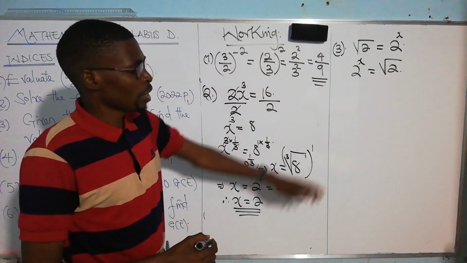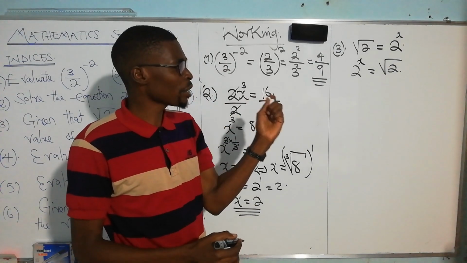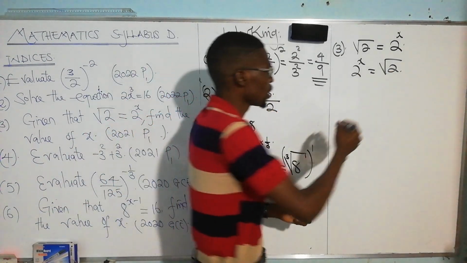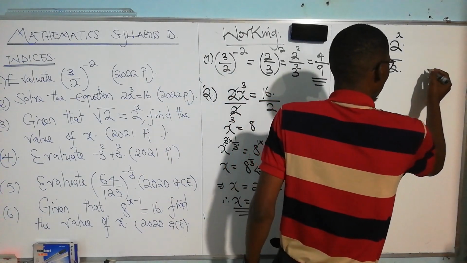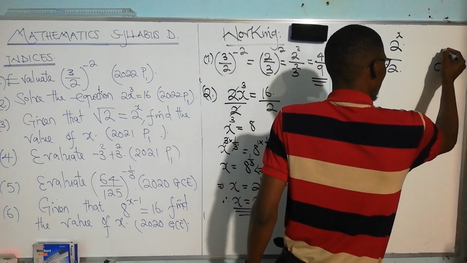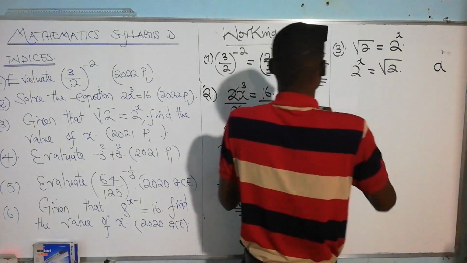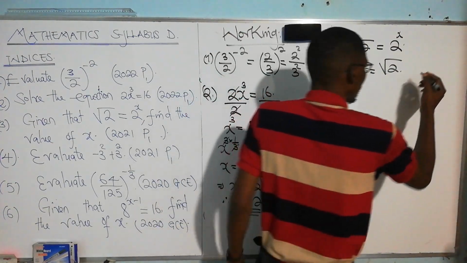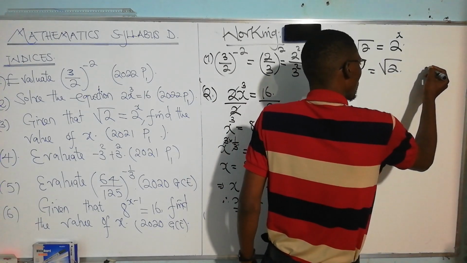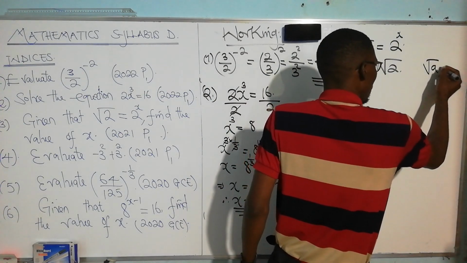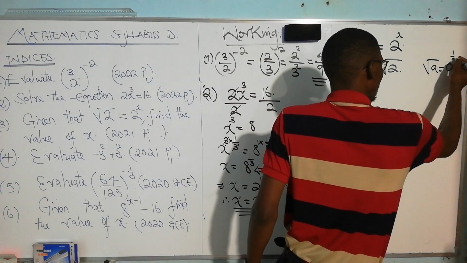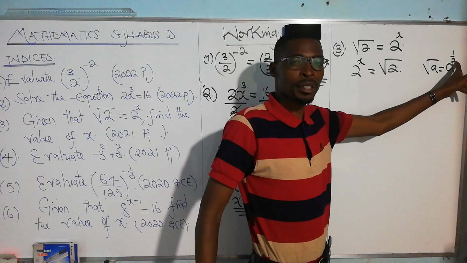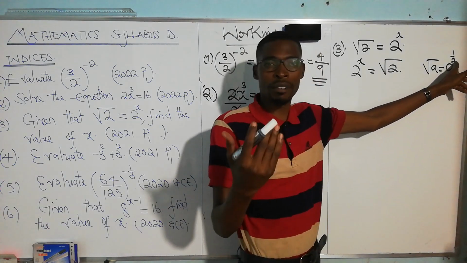Now, take note that the square root of 2... that's one of the rules that maybe I forgot to mention: the square root of a means a to the power 1 over 2. Because I've said the denominator here is a root. So when you have a 2 there, what you have is square root.